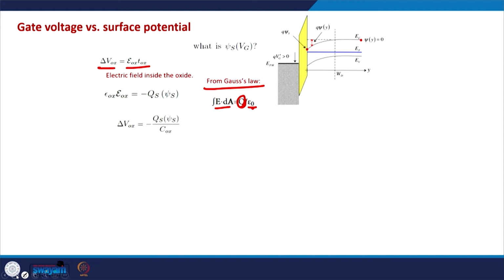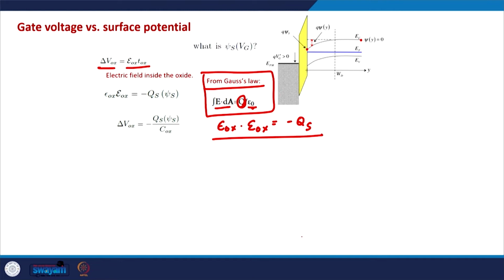So with this, what we can say is that epsilon ox times the electric field in the oxide is minus Qs, where Qs is the charge in the semiconductor, because most of the charge in the semiconductor, we assume that it lies very close to the interface, and by using Gauss's law we can write this down.